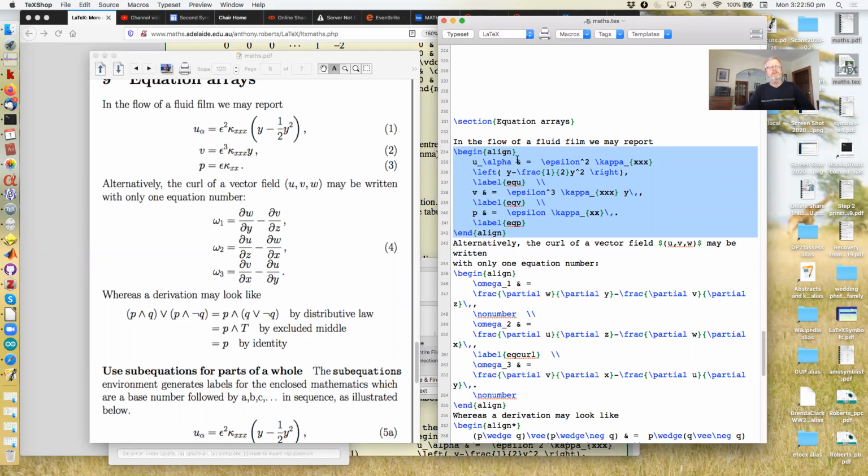And you can see we've just put the ampersand, the align character, to the left of the equal sign in every equation. That's a common place to put it. The other one would be to the left of each equation. So by default, you should align to the left information.